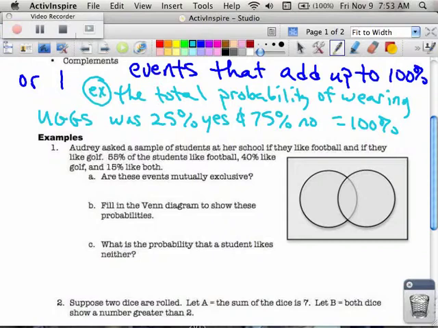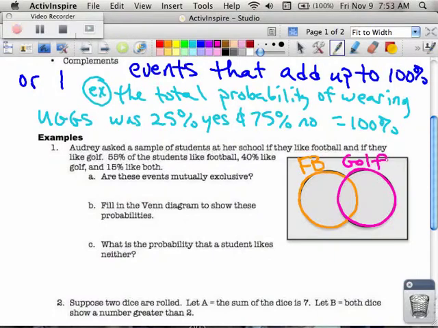So for example, if we say that this left-hand circle are the people who like football, so in this orange circle here, these are our football people. And in the other circle, the pink circle, these are the people who like golf.